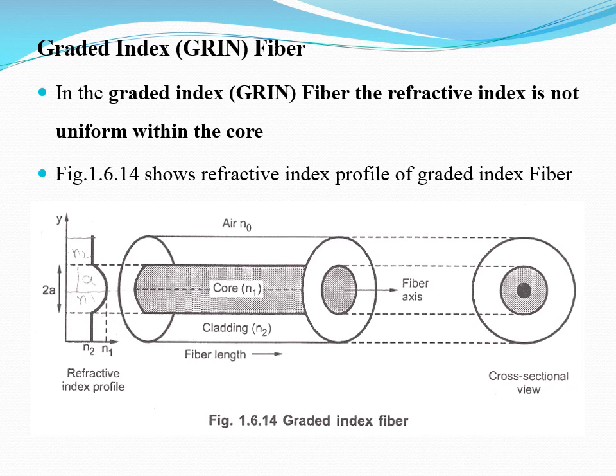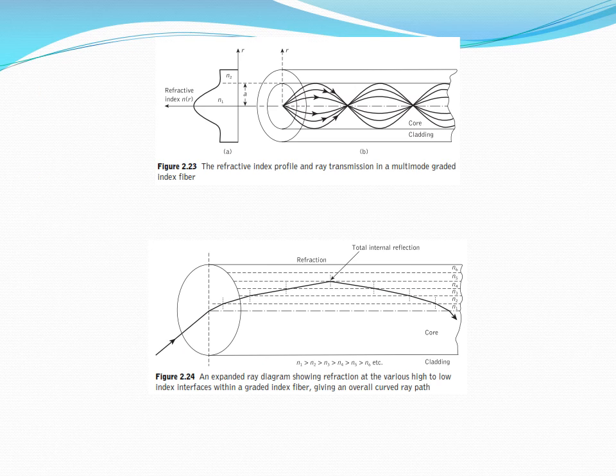We can see that this has a core and a cladding, and this is a cross-sectional view of a graded index fiber. Here we can see the signal propagating in the fiber in this manner. Here is the refractive index profile of the graded index fiber, followed by the core radius, represented as a.